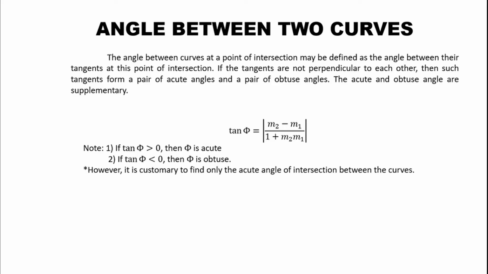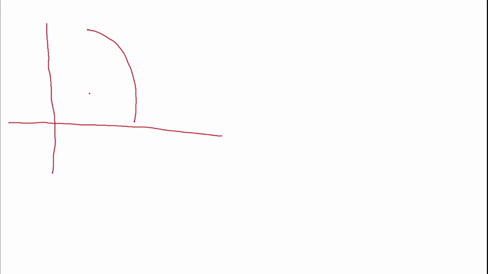So take note, how do we derive the formula tangent phi is equal to m2 minus m1 over 1 plus m2 times m1? If we have the two curves on the Cartesian plane, let us have first the first curve and the second curve.